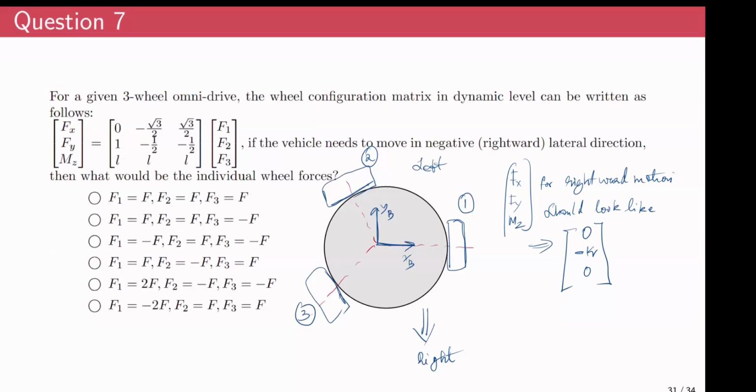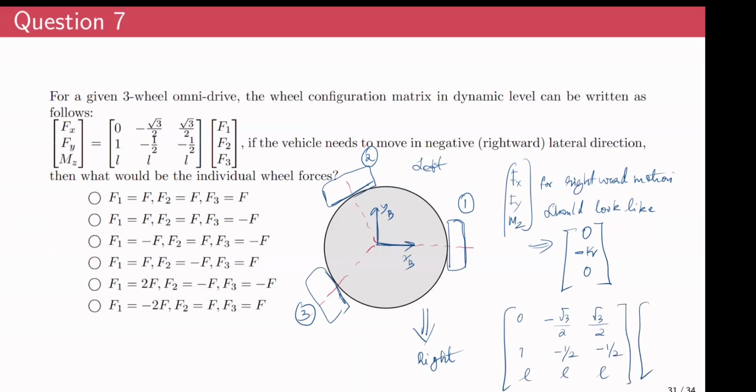So which of these combinations of f's would give you this motion? So how do we do that? I'll reproduce that wheel configuration matrix: 0, minus root 3 by 2, root 3 by 2; 1, minus 1 by 2, minus 1 by 2; L, L, L.